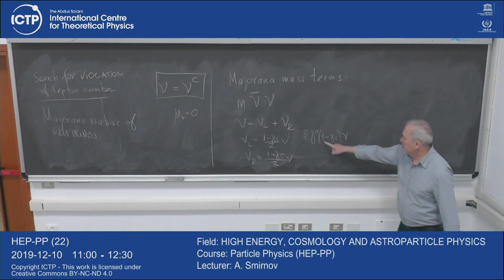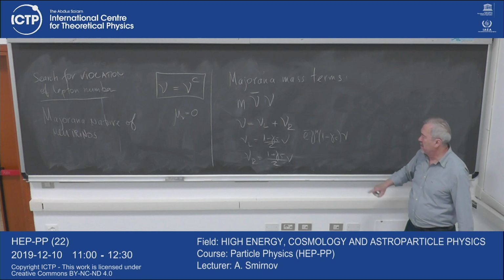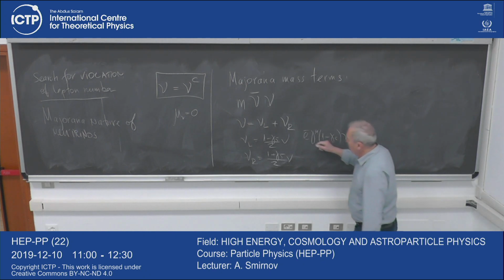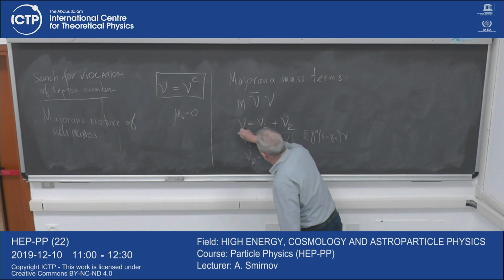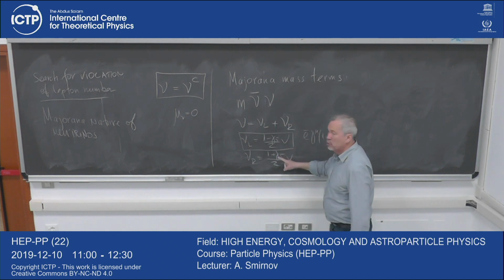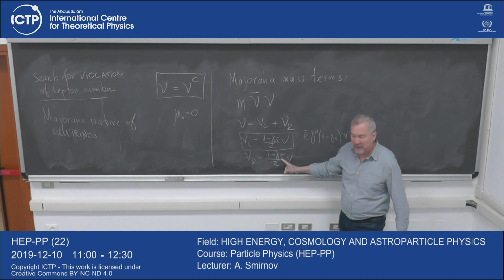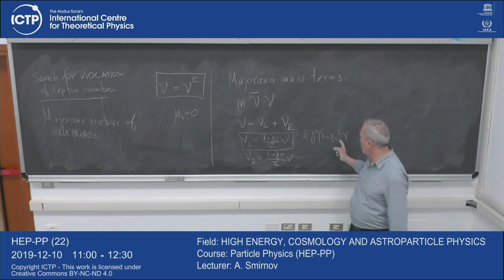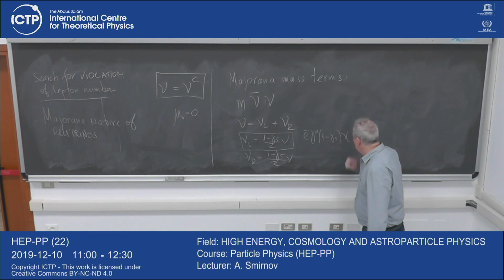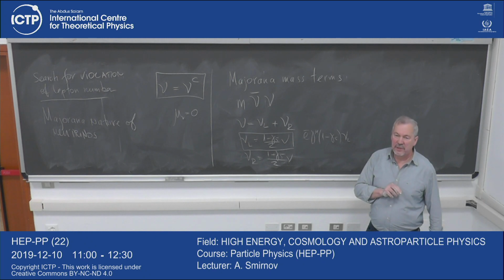The appearance of this (1 minus gamma 5) means that only this component survives, due to the projection properties of (1 minus gamma 5). Which means that only left-handed components are participating in charged current weak interactions.